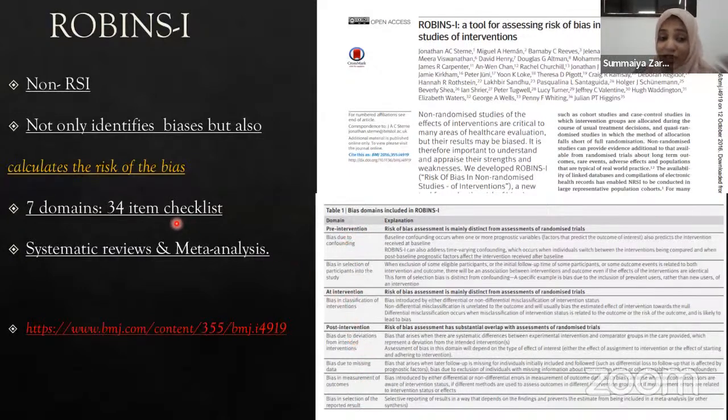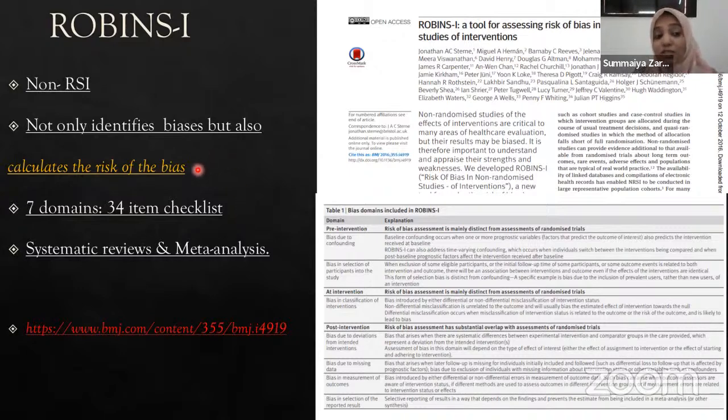But the checklist is a 34-item checklist. So there are many signaling questions and many subgroupings and subheadings within these 7 domains. So it becomes very specific, very extensive and cumbersome and obviously time consuming. And you need a specialized amount of training to operate Robbins I, but it is not impossible.